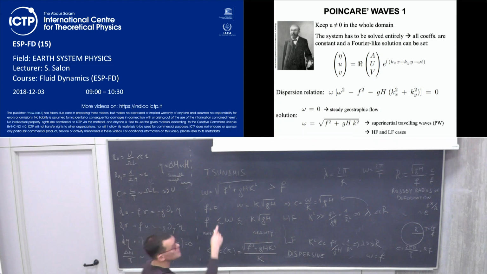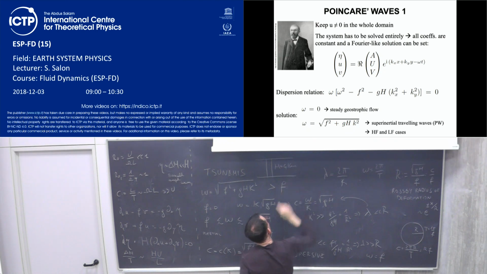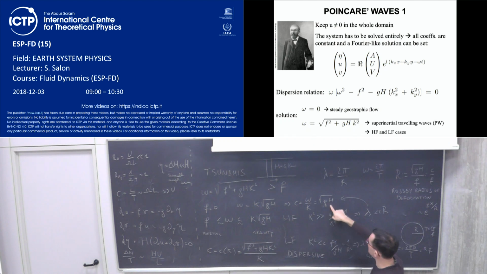And the fact that it is non-dispersive means that the energy is maintained constant over the fluid column. If we have h of the order of 4 kilometers, like unfortunately happened some years ago in the Indian Ocean, this travels with a velocity equal to the square root of gh.